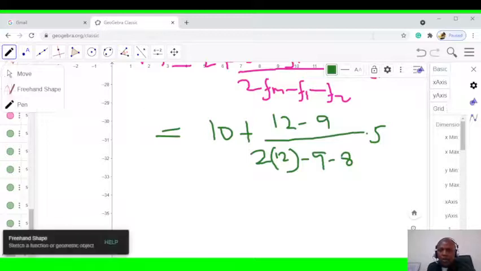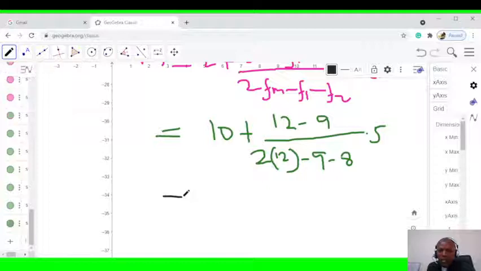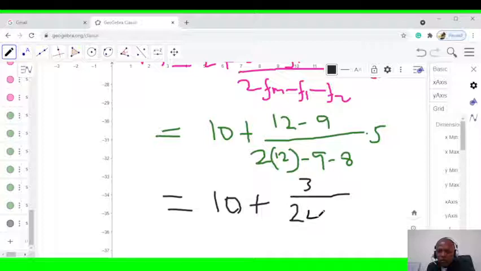Now this will be the same as 10 plus 3 over 24 minus 9 minus 8, times 5. So we can calculate this and get the values.